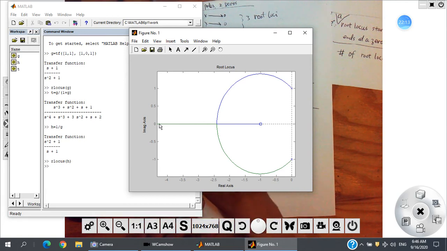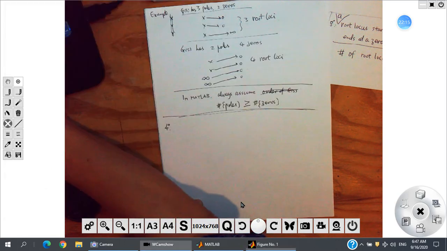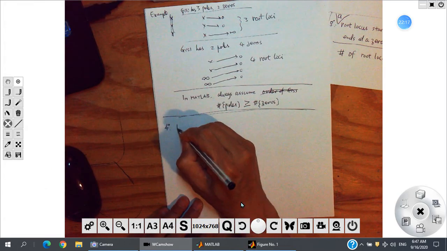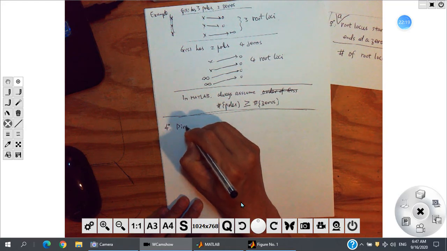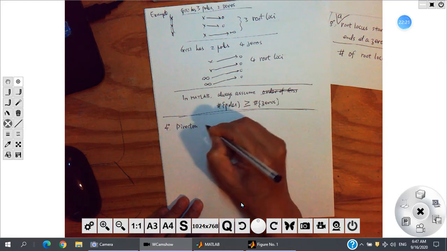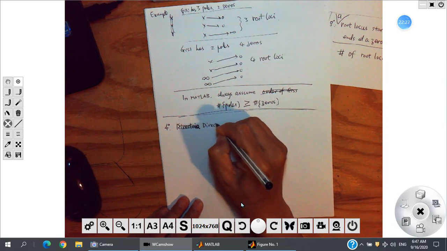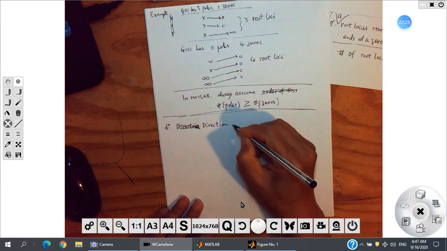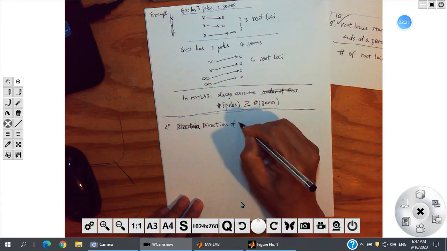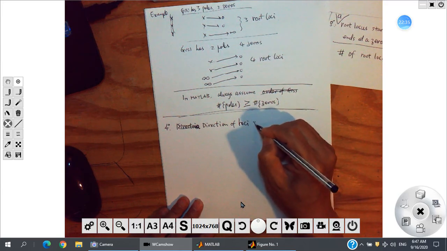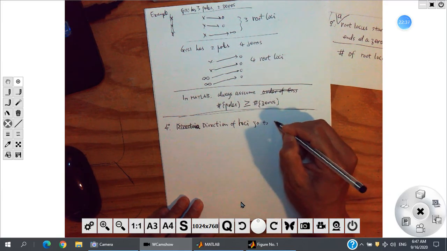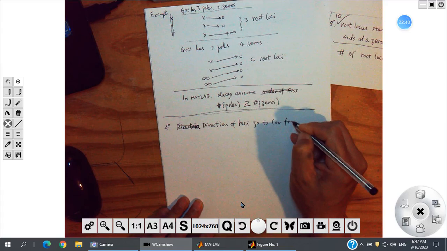I say this is the direction of the loci going to or from infinity.